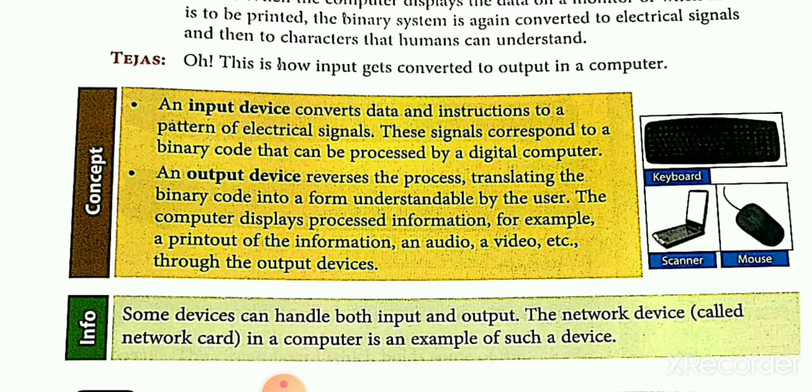An output device reverses the process, translating the binary code into a form understandable by the user. It means first I enter the data into the computer.